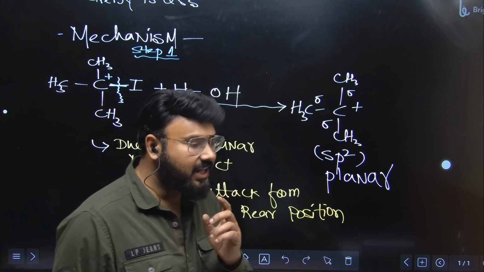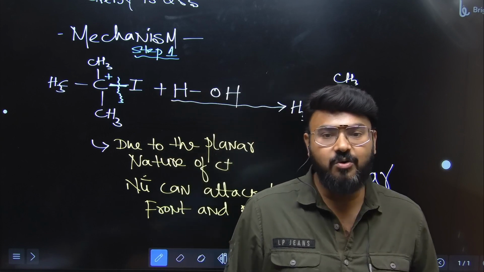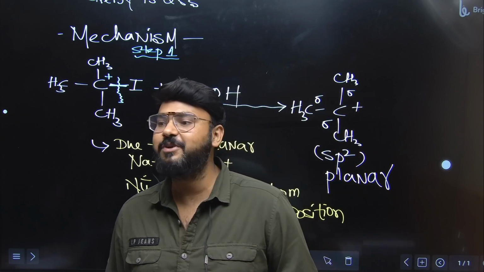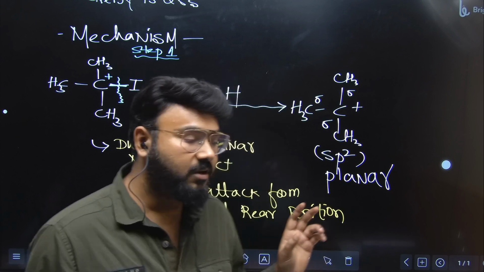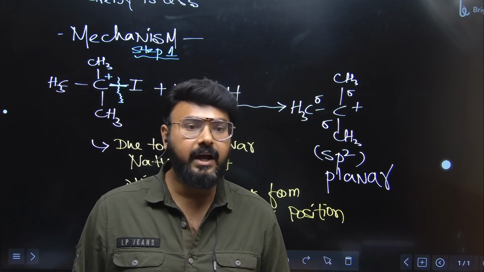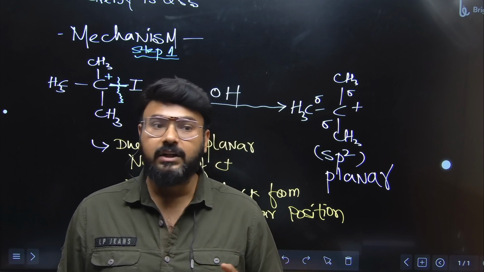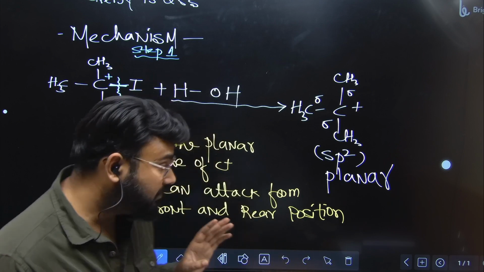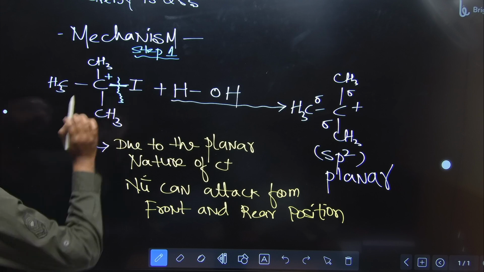Now the question arises here, sir, how do we know which is front and which is rear? So remember, the front and rear positions are decided by the position of the old nucleophile. Who was the old nucleophile? This iodine.